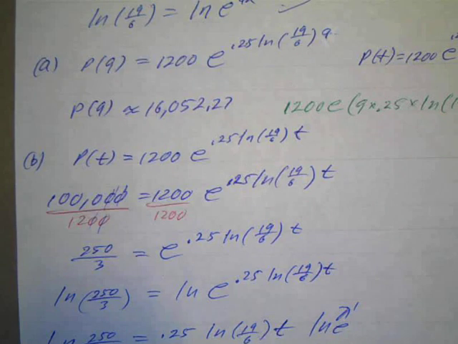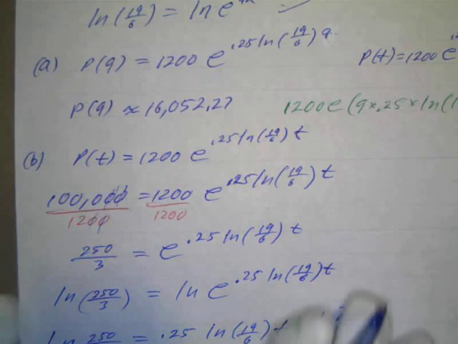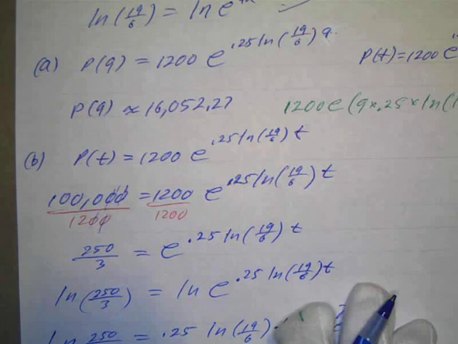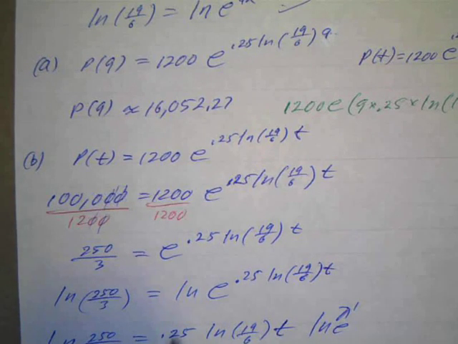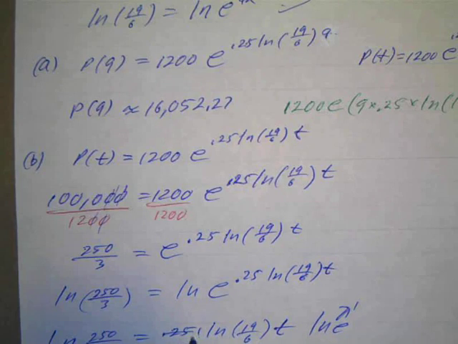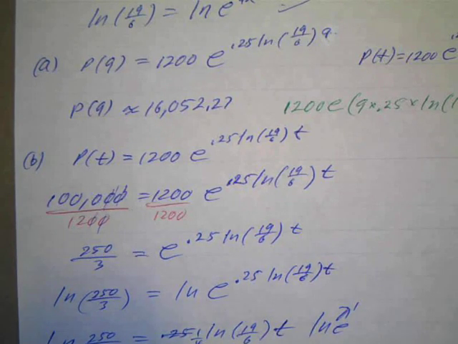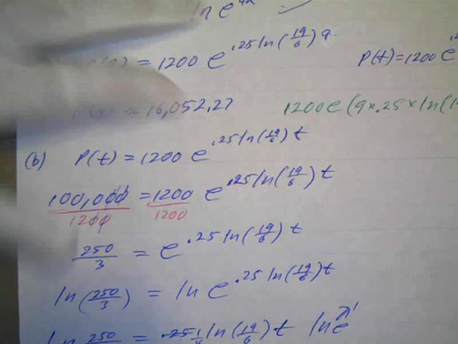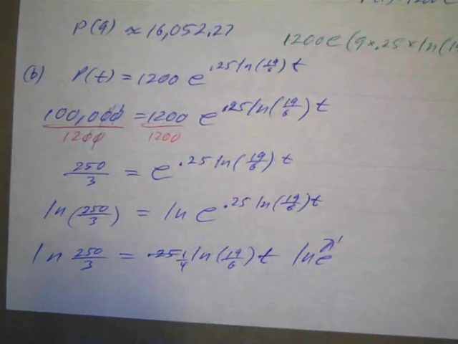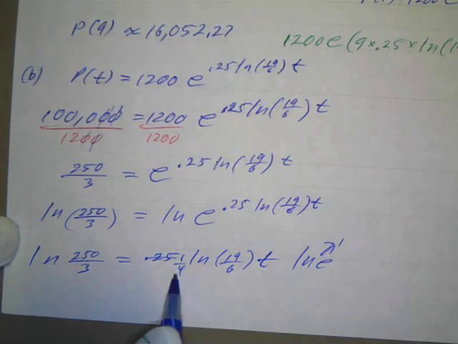Now it might be better to think of this as 1/4, so I can multiply both sides by 4. Make it a little bit easier than dividing. So I just change this to 1/4 and I multiply.